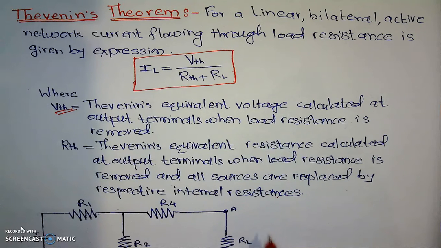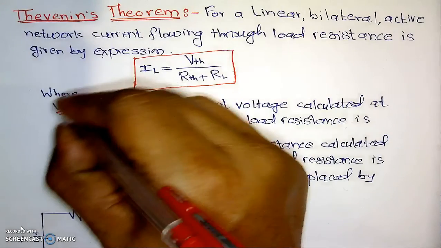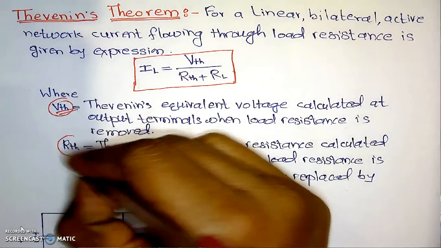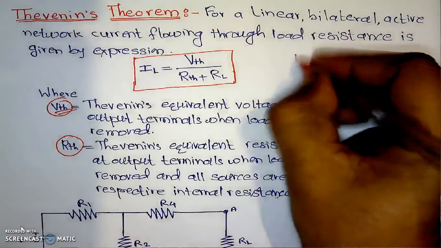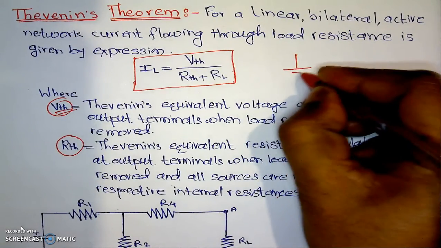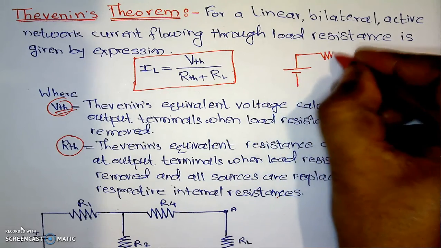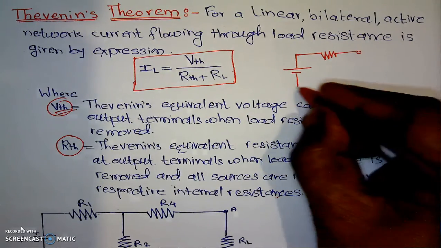The main important thing in this particular theorem is the calculation of the two values, VTH and RTH. When we know the value of the VTH and RTH, then the complicated network is replaced by the Thevenin's equivalent network, which is the same as a simple voltage source having its internal resistance.